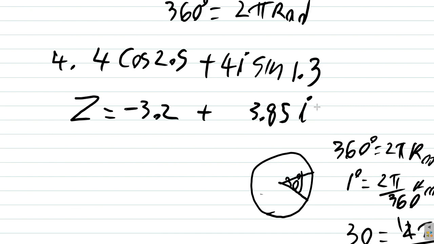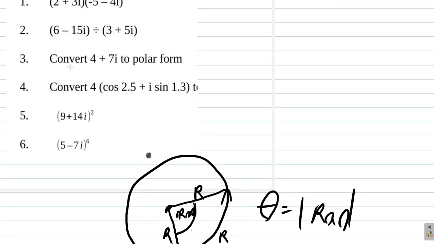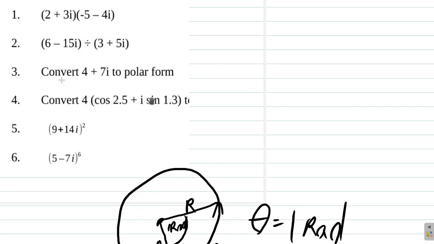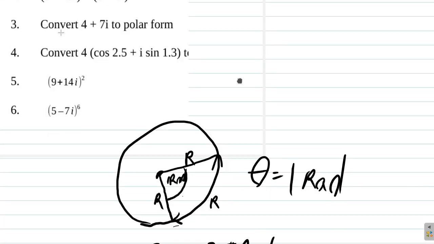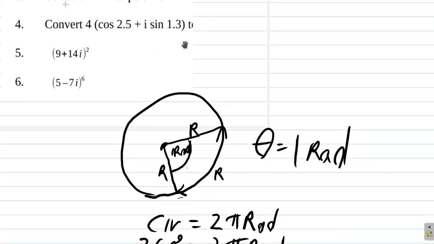All right. So let's quickly review it. What we have is the complex number in polar form to write in rectangular form, but the angles are in radians, not degrees.